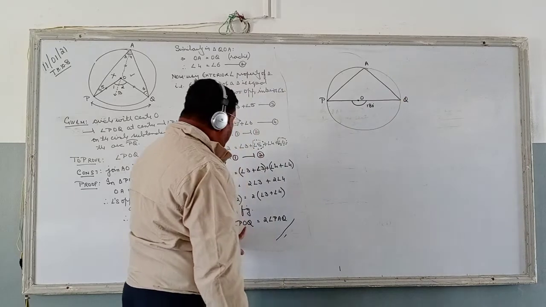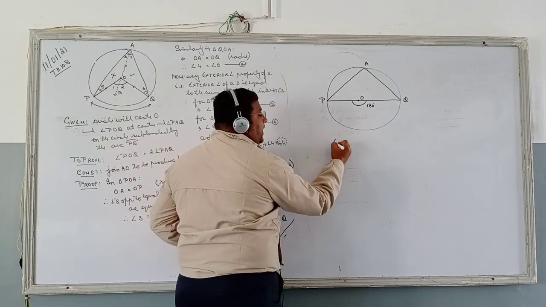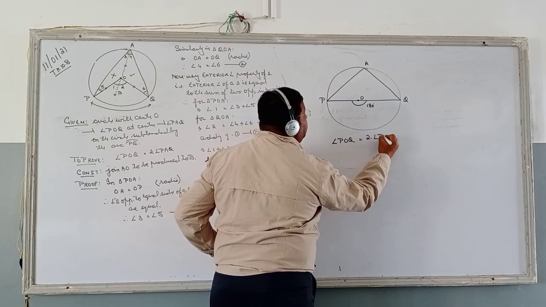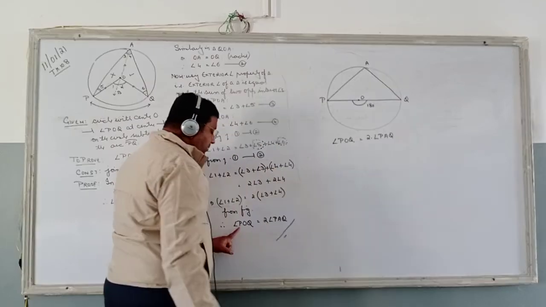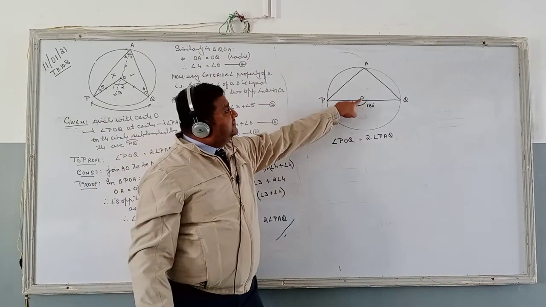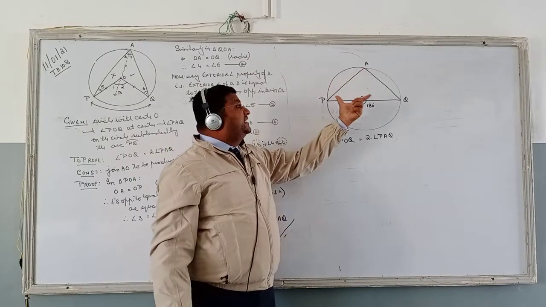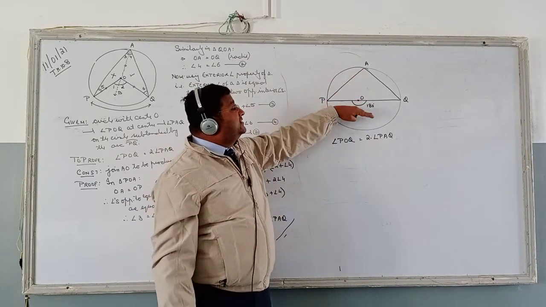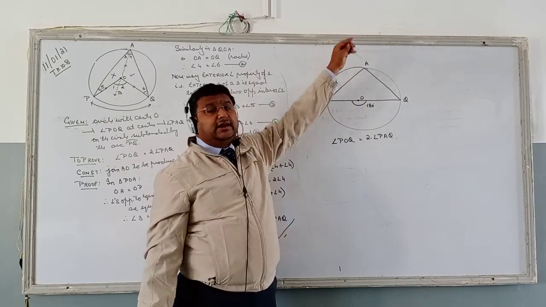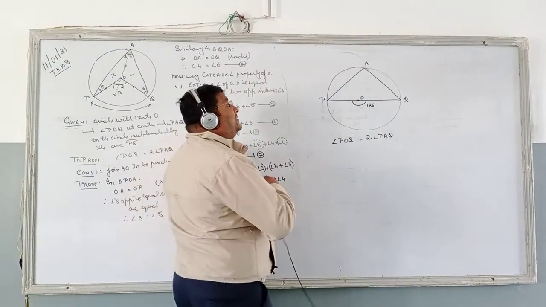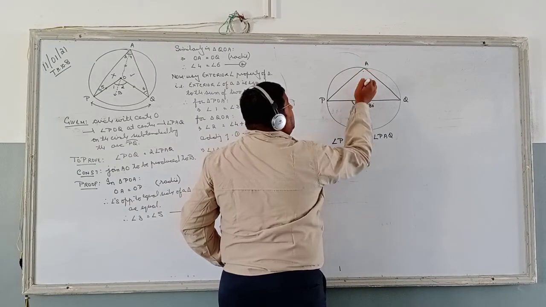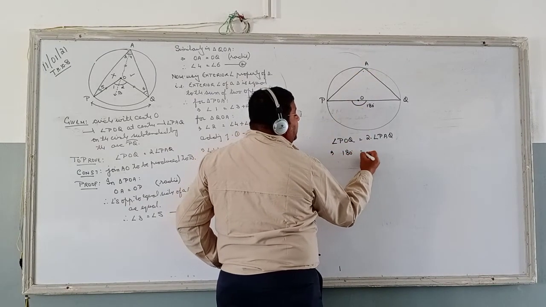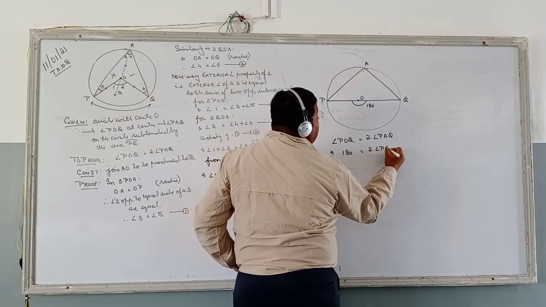So what we have proved is that angle POQ is twice of angle PAQ. This angle is double of this angle. This diameter is dividing this circle into 2 parts. This is a semicircle, this is a semicircle. So can you see, the angle in this semicircle is half of this. How much is POQ? Sir, 180 degrees, which is twice of angle PAQ.